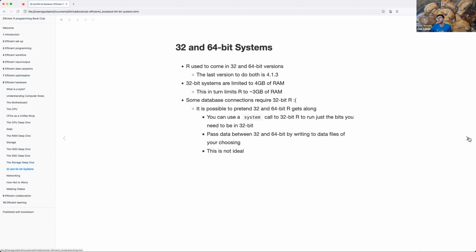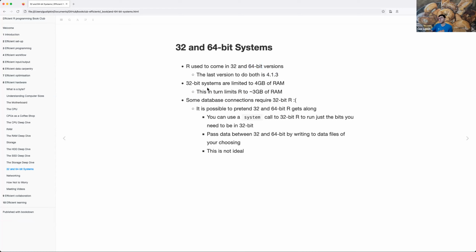With 32 and 64-bit systems, things get a little funky, but we can sort of forget about the CPU, RAM, and hard drive craziness for a bit. R used to come in 32 and 64-bit versions. The last version to do both, I believe, is 4.1.3.